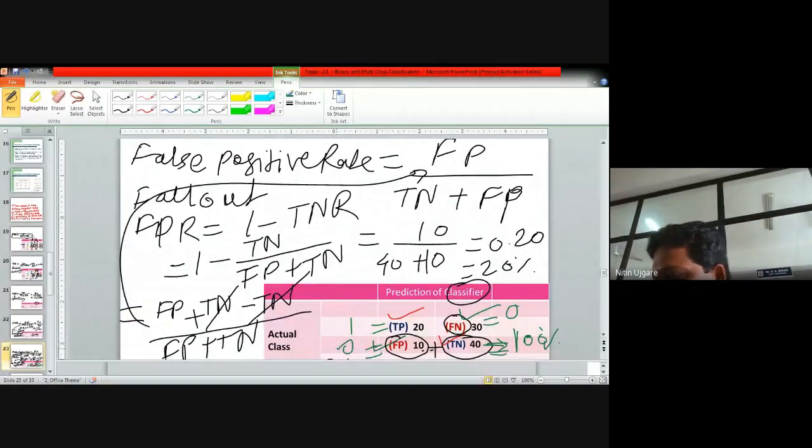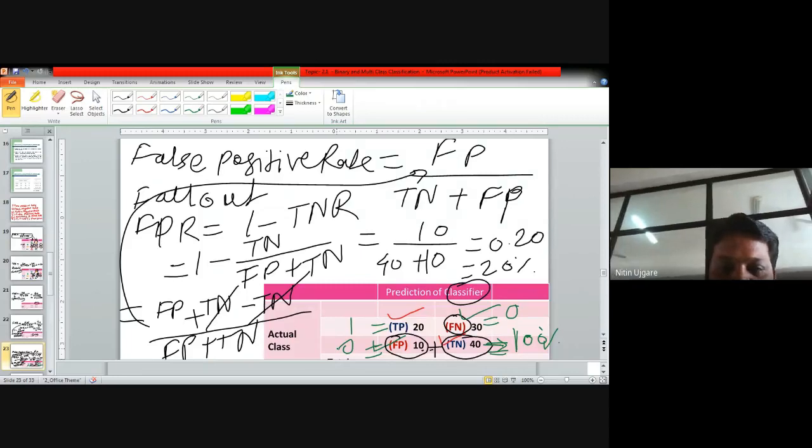So ideally, the true positive rate must be close to 1, and the true negative rate is also expected to be close to 1, whereas the false positive and false negative rates must be close to 0. In that case, we conclude that the classifier has good performance.